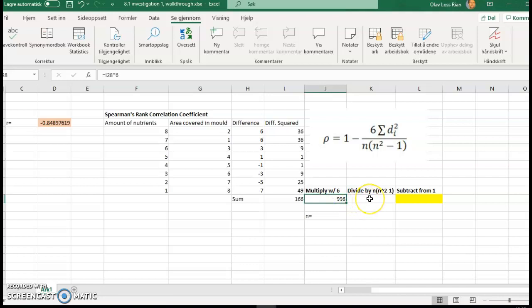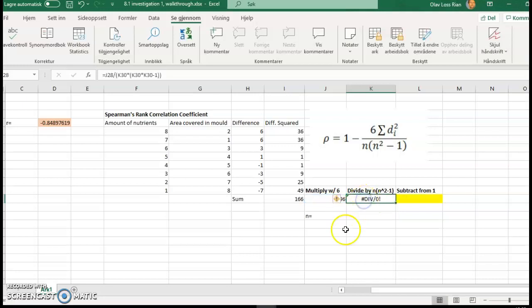Okay, so then we're going to divide that number with n, which I'm going to write down here. So divide that number with this cell multiplied with this cell multiplied with itself minus 1 and then brackets.